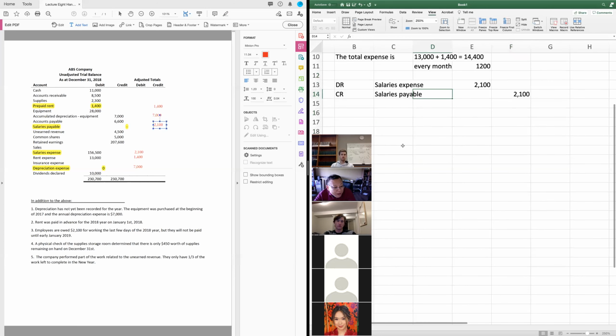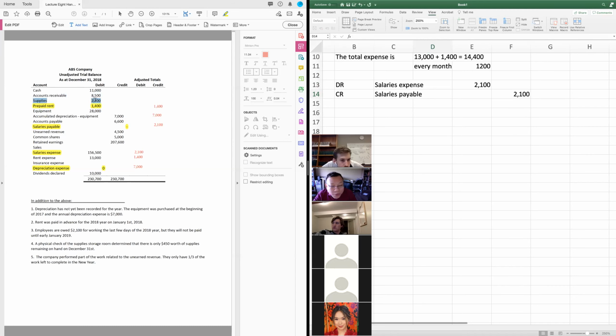Number 4: a physical check of the supplies storage room determined that there is only $450 worth of supplies remaining on hand on that date. So when you first buy supplies, let's say you pay $1,000, okay? Actually, you paid $2,300 in this case. So where's the supply? It's here.